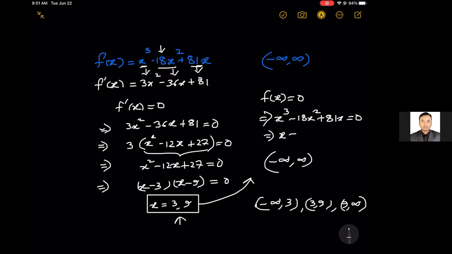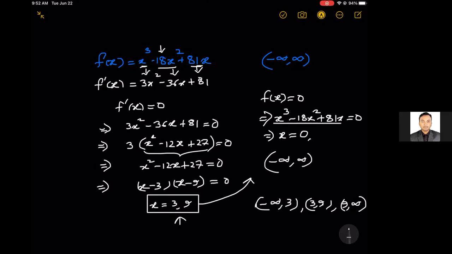If I solve it for x, what do I get? I'll definitely get a 0 because I can factor out an x from it. So this will definitely give 0 as a zero for this function.